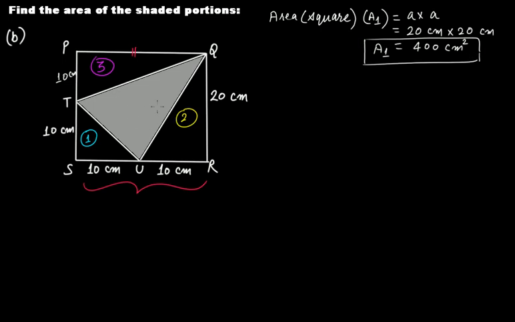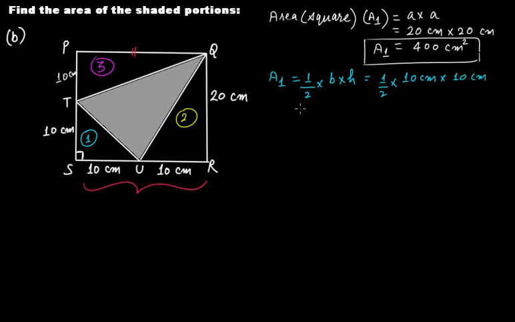Now in this figure, let's calculate the area of triangle A1, which is equal to half times base times height. This is a right angle at S, so I'm taking this as the base. Half times base is 10 centimeter times height is also 10 centimeter.